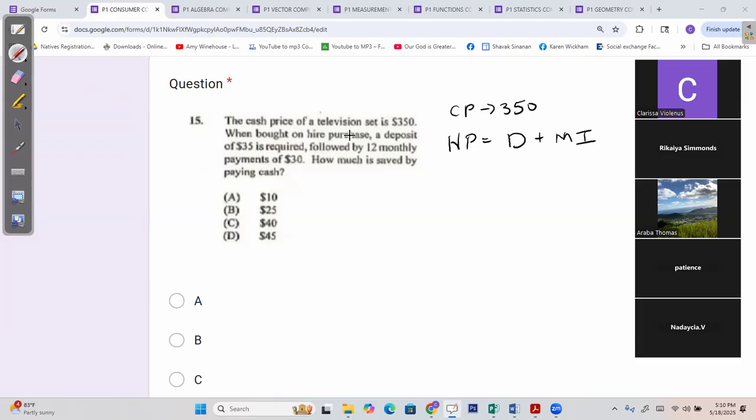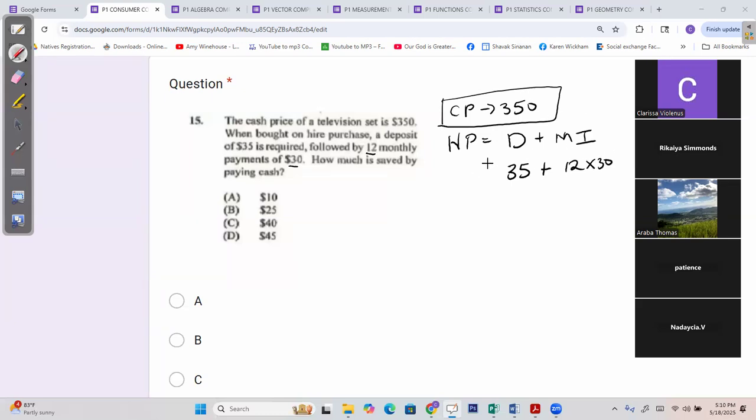So this is the price if it's cash, that's how much you would pay. But for hire purchase, let's see how much you would pay. So a deposit of $35 is required, plus 12 monthly installments, and you know how to find the monthly installments. The total of the monthly installments is 12 months by 30, since every month they pay $30. So that would be 12 times 30.